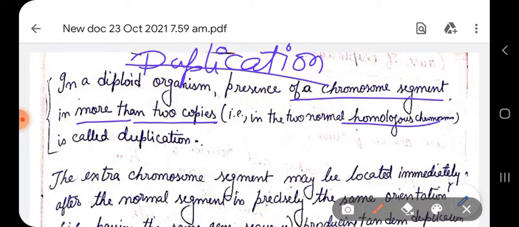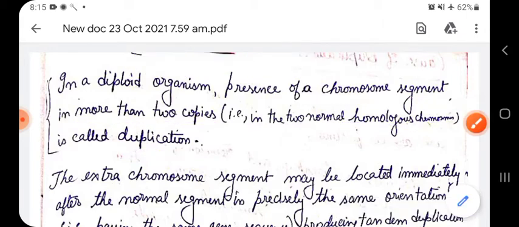But if there is more than two copies of that particular chromosome segment, that is called duplication. If a whole chromosome is present, that is called aneuploidy conditions. But if there is extra chromosome segment present, more than two copies, that is known as duplication.